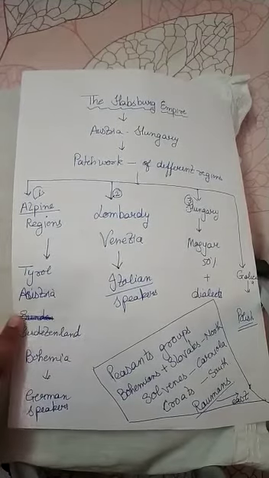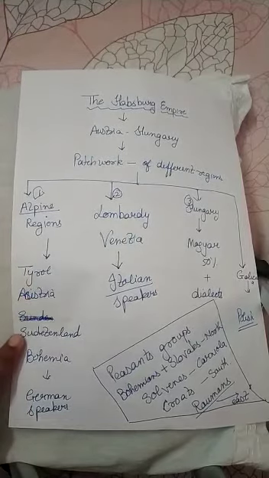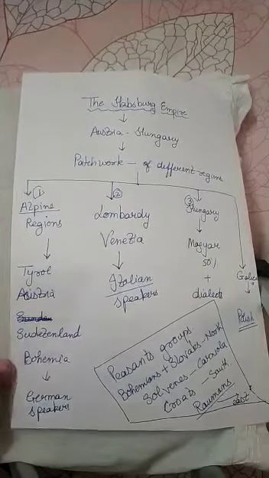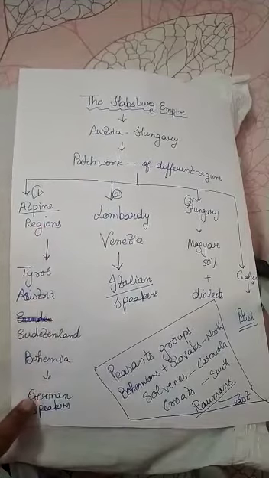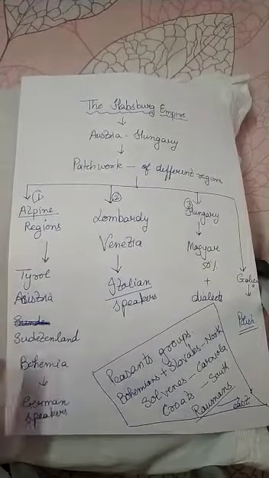I repeat, Tyrol, Austria, Sudetenland, Bohemia. The aristocrats speak German language in these areas.